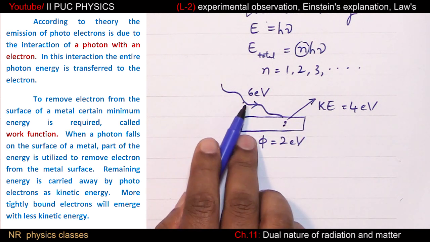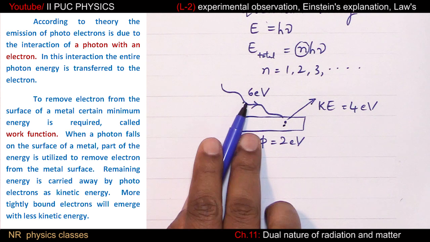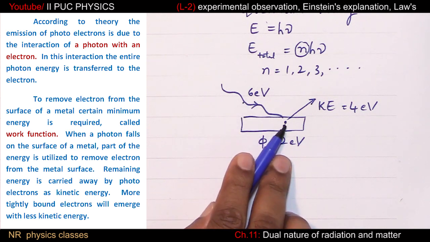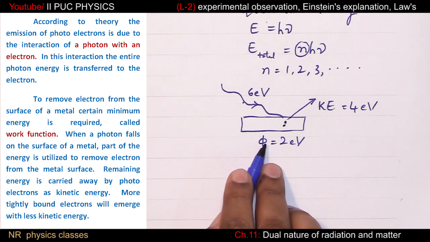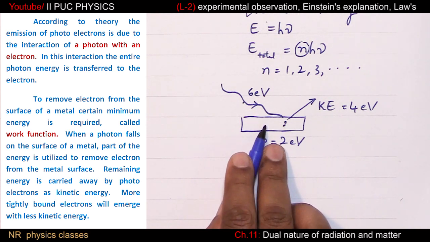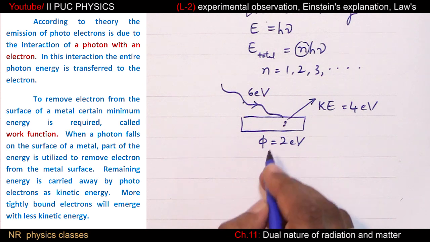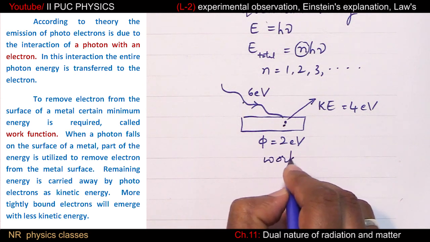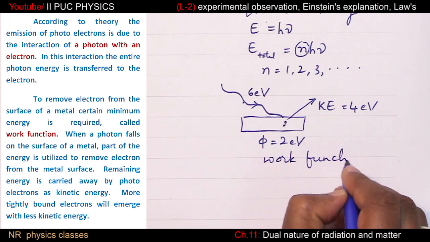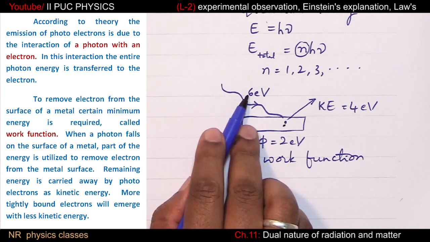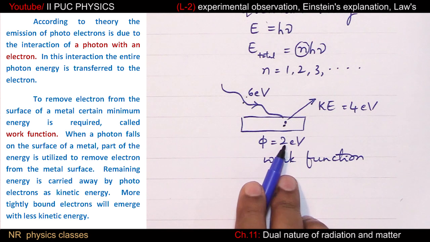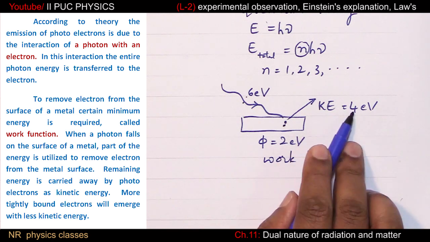Meaning he mentioned a 1-to-1 interaction, 1 photon, 1 electron interaction. He also said there is a minimum energy required for the emission of photoelectrons, and this minimum energy is called the work function. As a result, observe, 6 utilized is 2, remaining is 4.